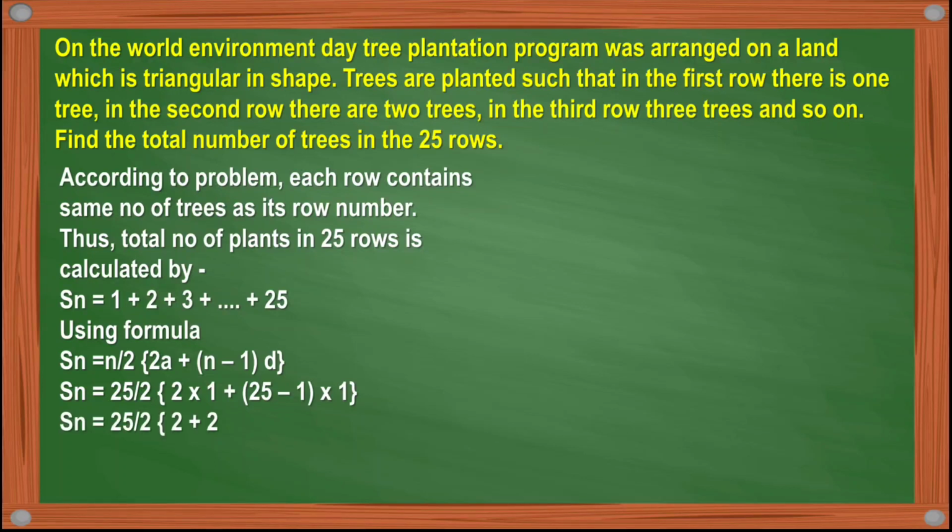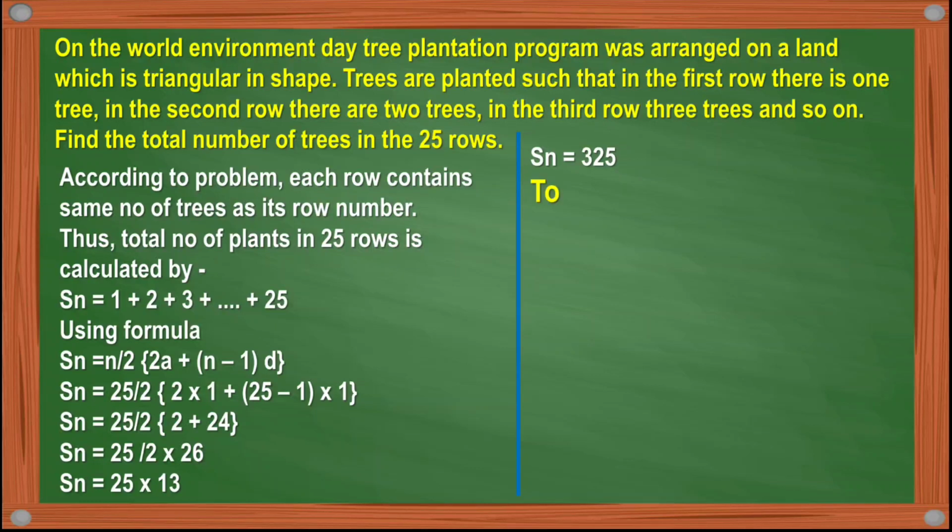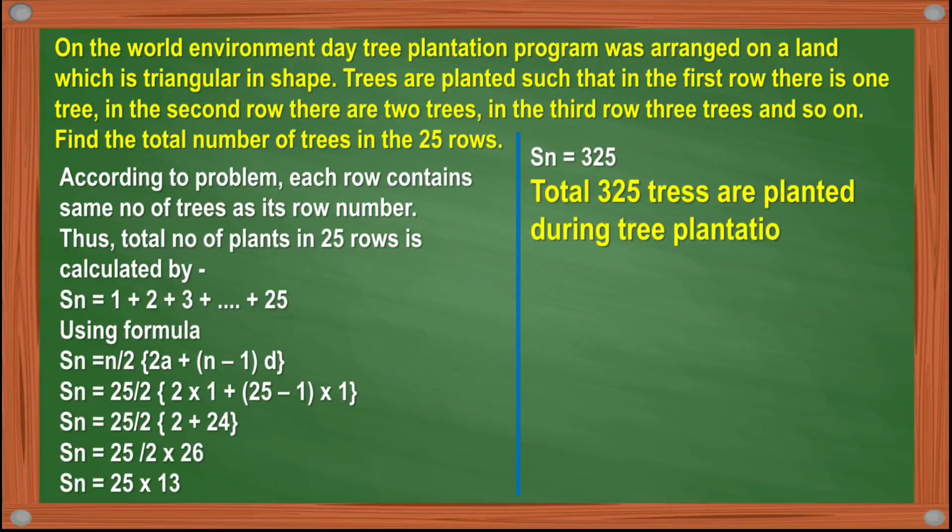So 25 upon 2, 2 ones are 2, 25 minus 1 is 24, multiplied by 1 is 24, it will become 26, 26 can be divided by 2, so 25 multiplied by 13 is 325. So which means a total of 325 trees are planted during the tree plantation program.